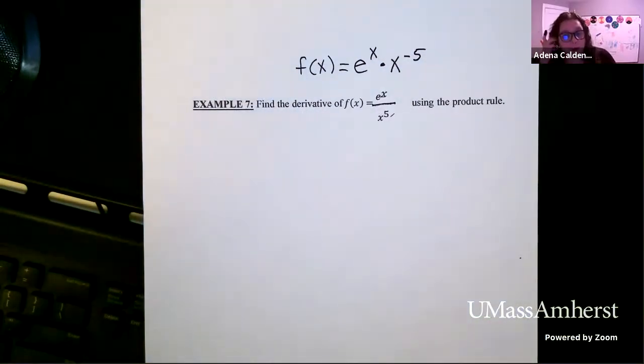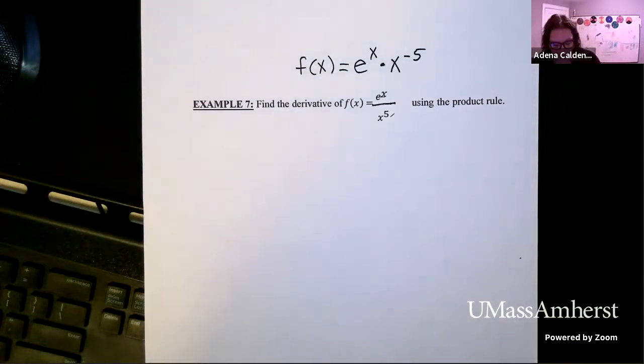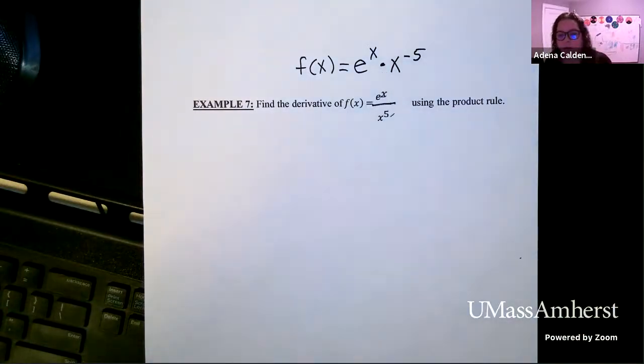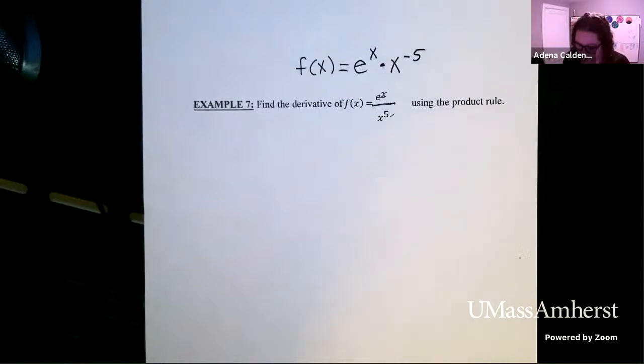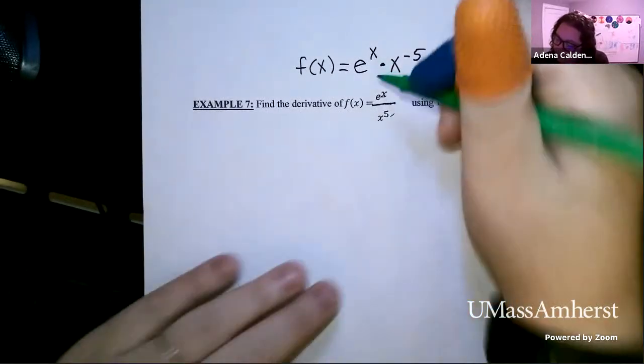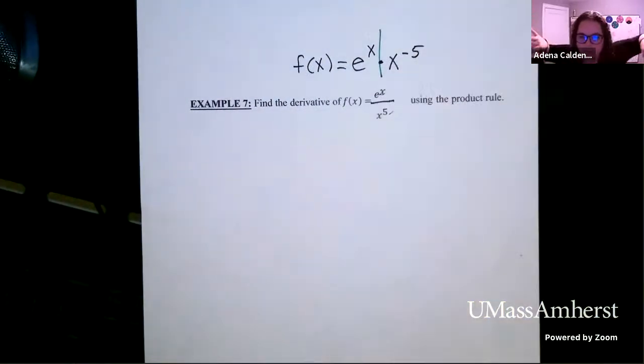Okay, so I want you to take 2 minutes, okay? Do the product rule here. We have two functions multiplied together. I can tell that it's a product rule because again, I can just separate them, right?